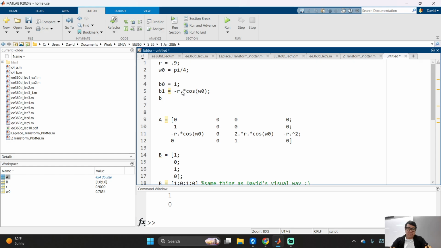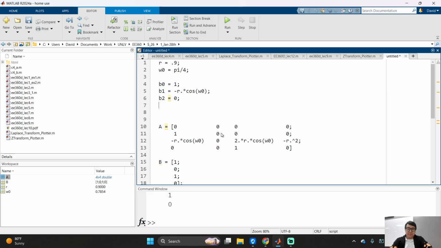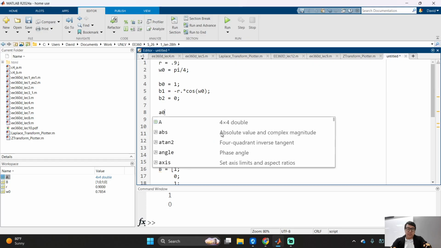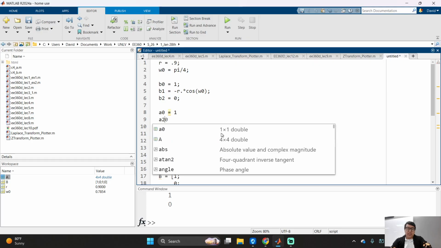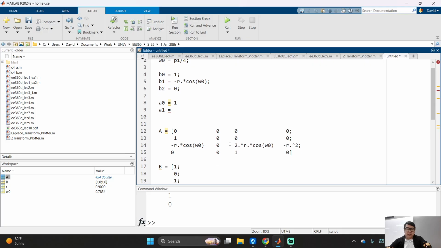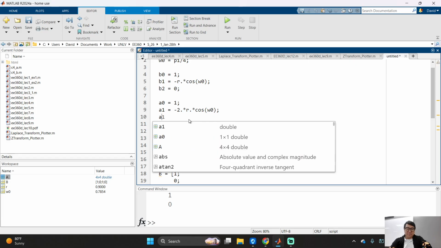There we go. B2 is equal to 0. And then A0 is already equal to 1, okay? A1 is already equal to, oh, shoot, minus 2 dot times lazy, boom. Are you guys liking what I'm trying to do right now? So we can get you guys home, or at least passing the class.